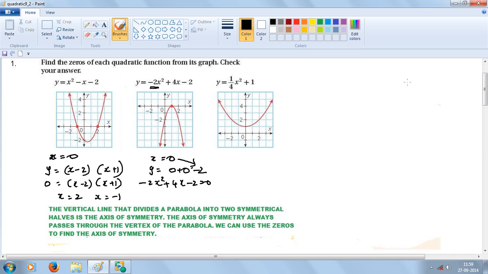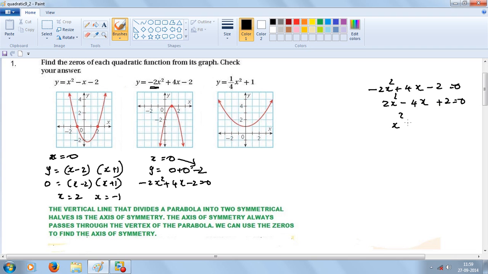You can change the sign, or you divide by 2 and change the sign. Both you can do. You can write the same equation as 2x squared minus 4x plus 2 is equal to 0. If we divide by 2, then also it is 0.